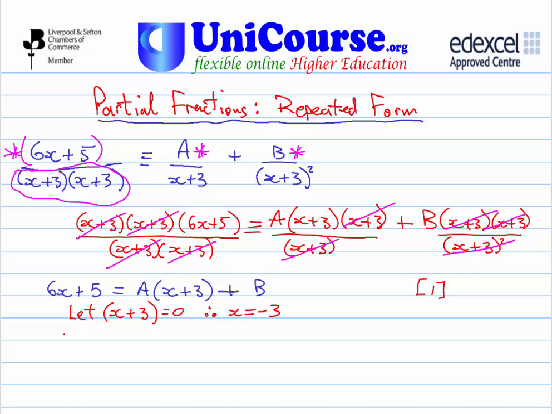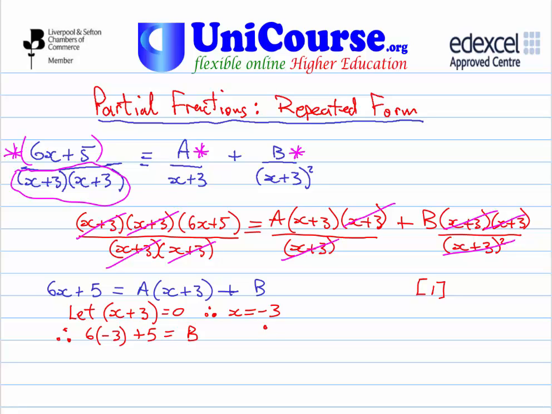Referring to equation 1 now, 6 lots of minus 3 plus 5 equals, well, A lots of minus 3 plus 3 is going to give you 0 lots of A, so that's just 0. So we just have B on the right hand side there.